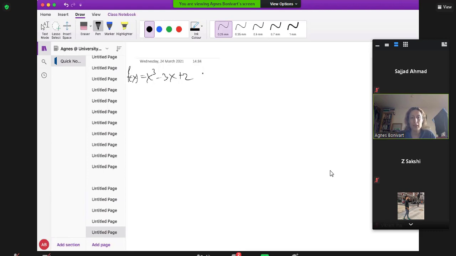We need to find the critical points of this function. Where can a function have critical points? And what are critical points at all?